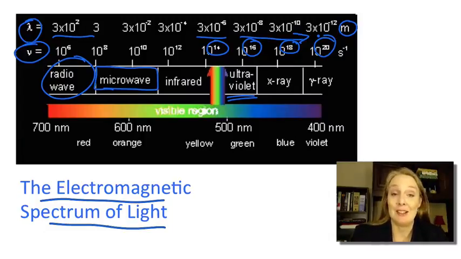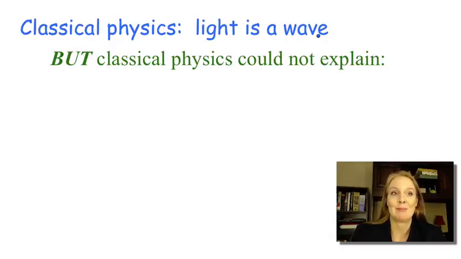So classical physics said that light is a wave, and there were many experiments which supported this idea of light as a wave. And in fact, at the end of the 1800s, scientists agreed that light indeed behaves as a wave. However, there were a couple of phenomena that could not be explained.